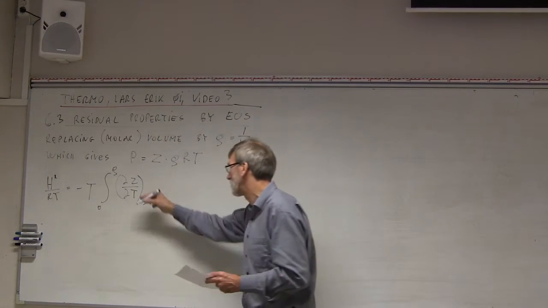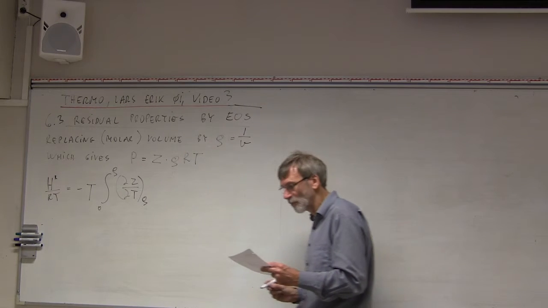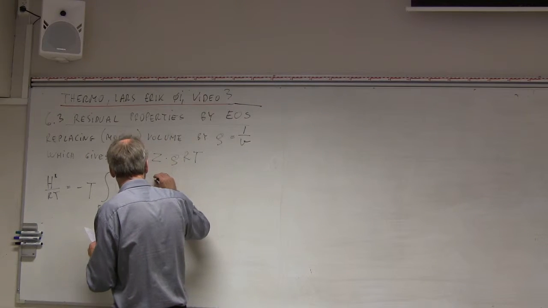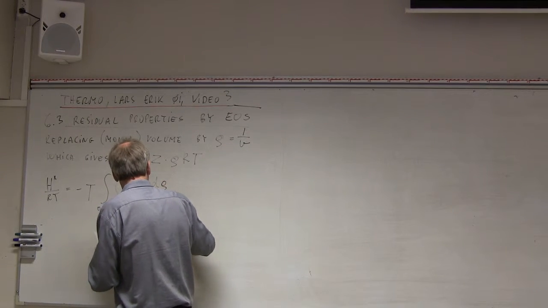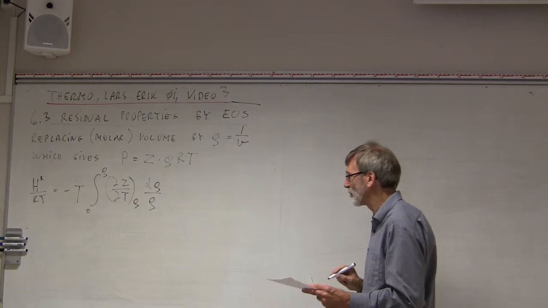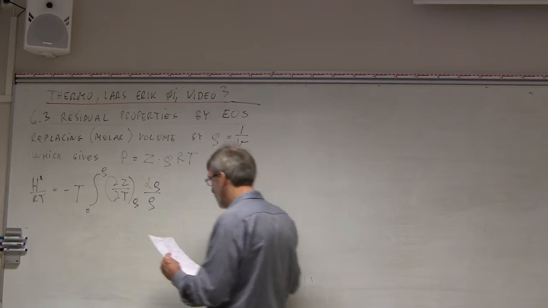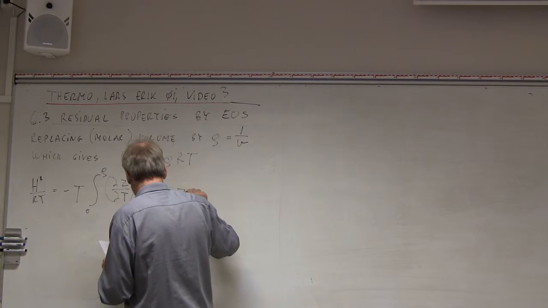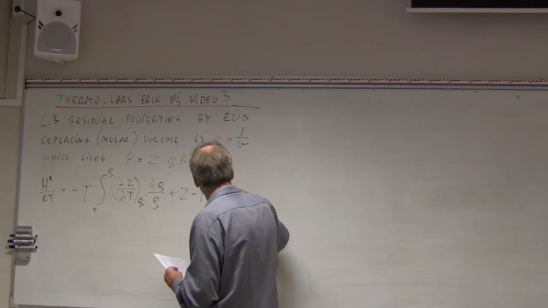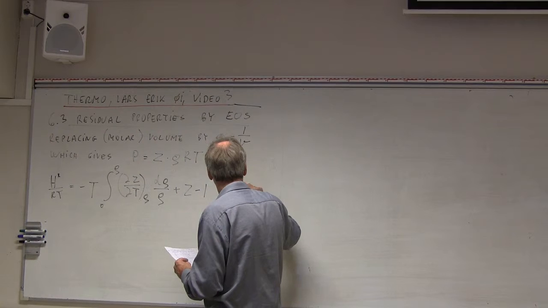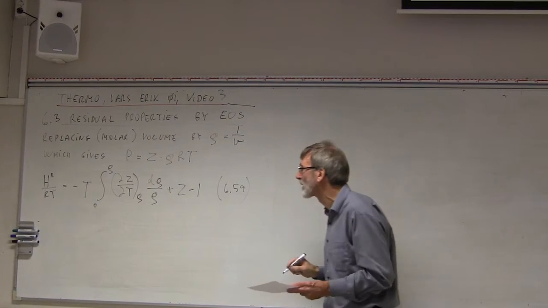Then we take dZ/dT with rho constant, and we use the rho divided by rho plus Z minus 1. This is equation 659.